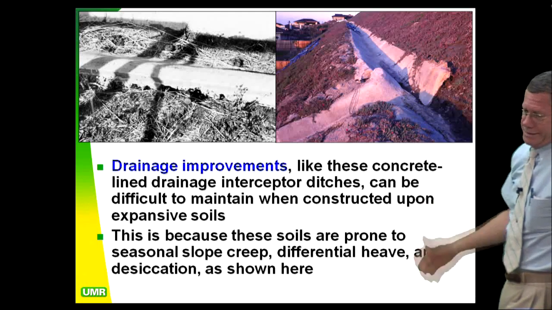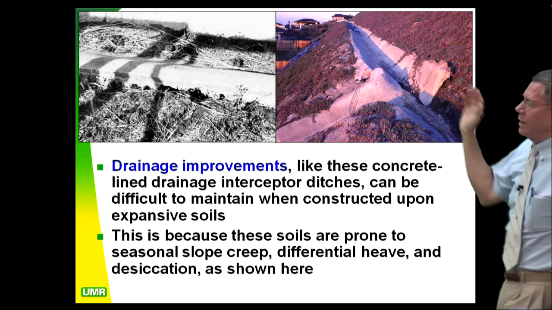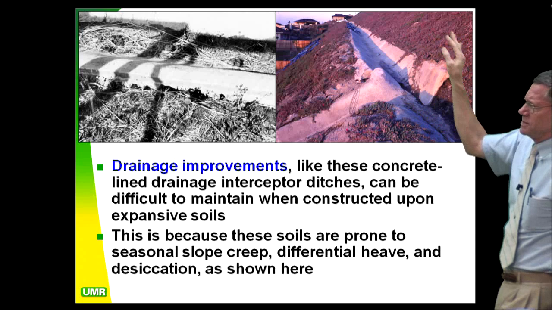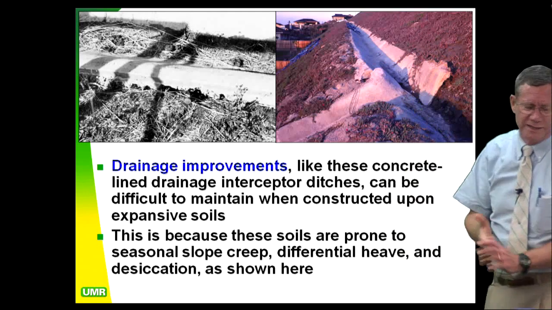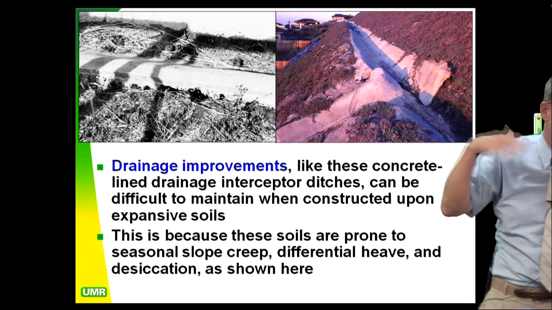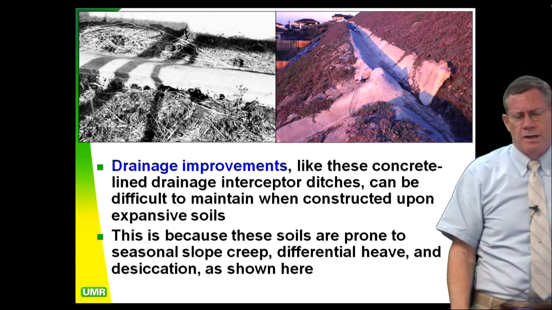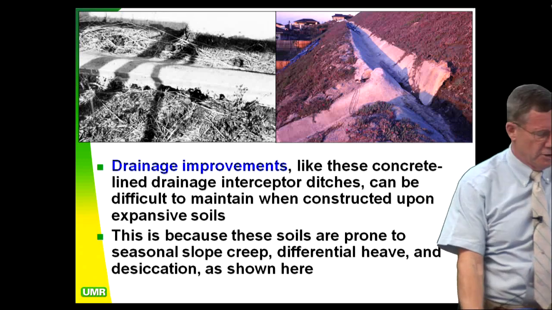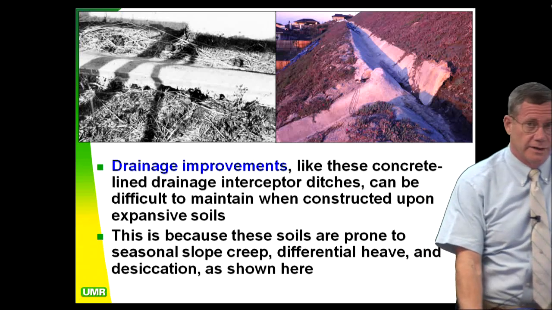So it's not fun to go out there and put it in, but the wetter the slope is when you put it in, the better. So what did I do in those kind of situations? I keep sprinkling the slope. I want the slope to wet up before we get the V-ditches in. So we go out there with sprinklers and sprinkle it, because we don't want a bunch of desiccation cracks growing in the slope, because we're going to have a big heave cycle if we allow that. All right.